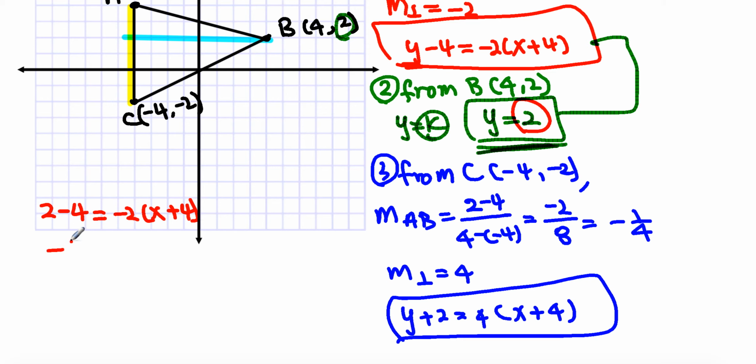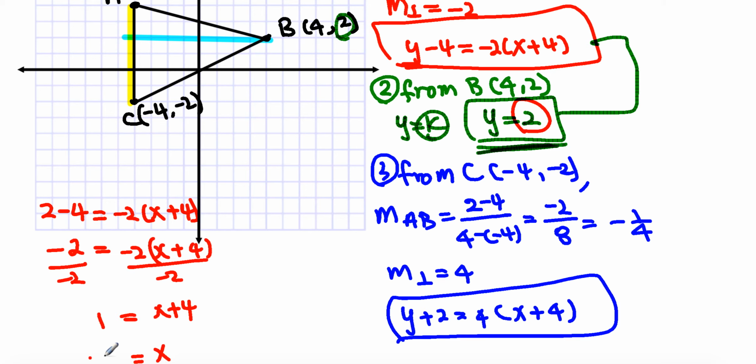The left side becomes negative 2, which is equal to negative 2 times x plus 4 with the parentheses. I'm going to divide by negative 2. Then we get x plus 4 must be equal to 1. Then x must be equal to negative 3. So the point of intersection of the altitudes is, I mean, negative 3 comma 2.